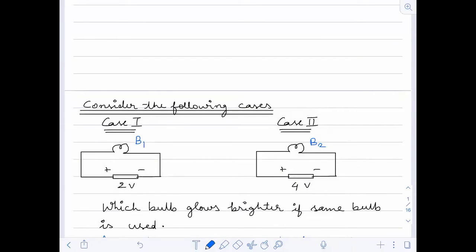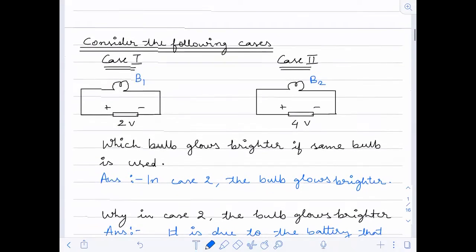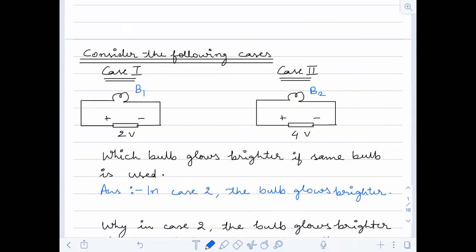Now, just tell me which bulb glows brighter, if the same bulb is used in case 1 and case 2. Bulb 2 is brighter. Okay, correct.